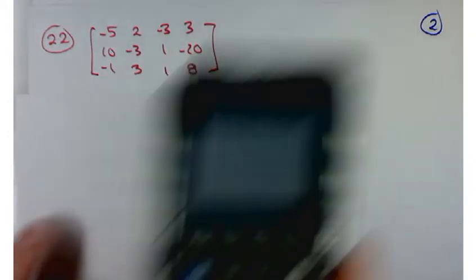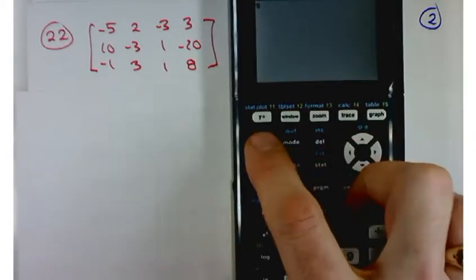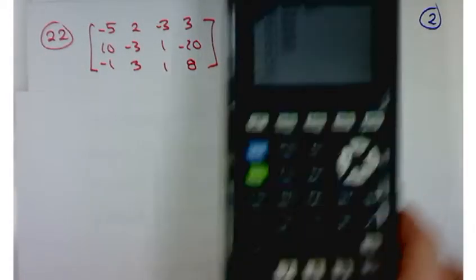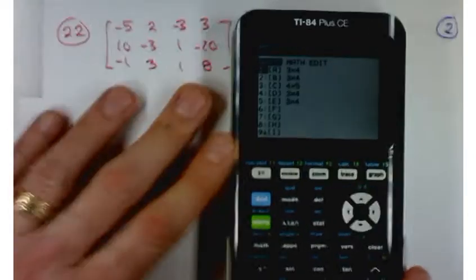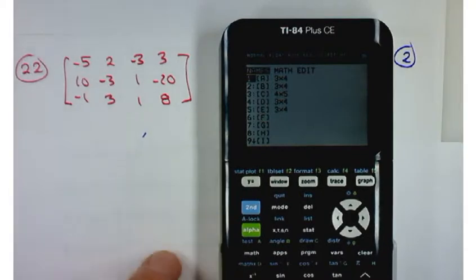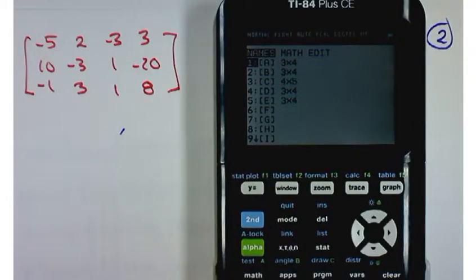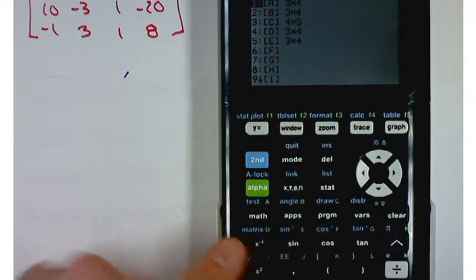What you're going to want to do is hit the second key, then the x inverse key, and that'll take you to the matrix menu. X inverse is down here.